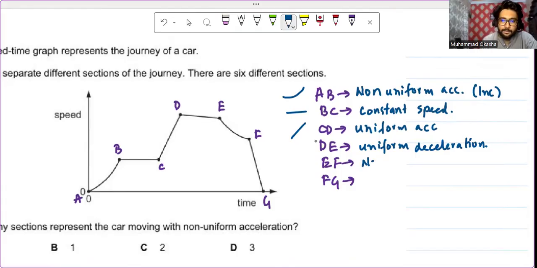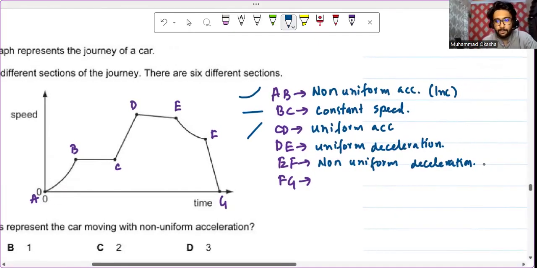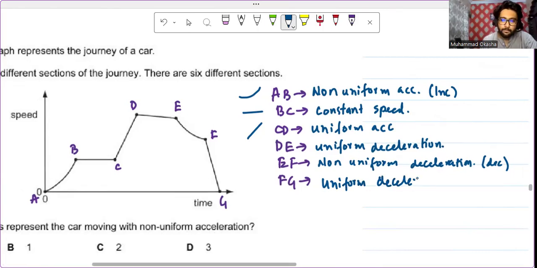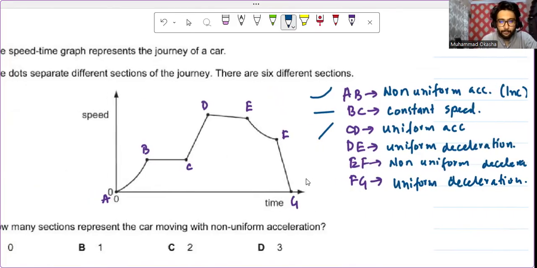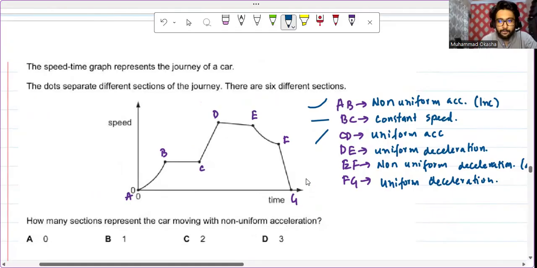E to F is non-uniform deceleration, and decreasing one actually. And F to G is uniform deceleration.